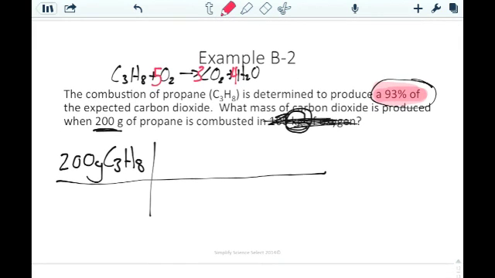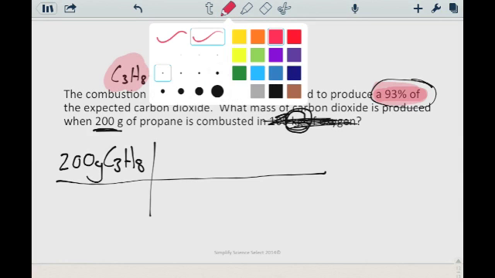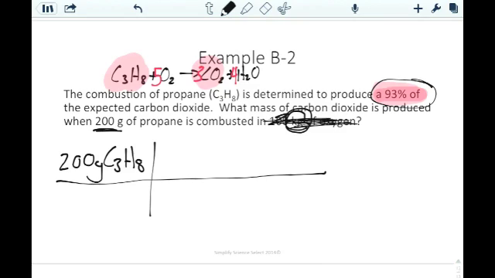So when we're working this out, all we're doing is trying to find the expected carbon dioxide. You can think of it this way: we're going from our 200 grams of this to our carbon dioxide. We can skip the step where we find out how much is in the reaction, because we already know that the 200 grams of propane is the limiting reactant. So from here, it's just a gram to gram conversion.